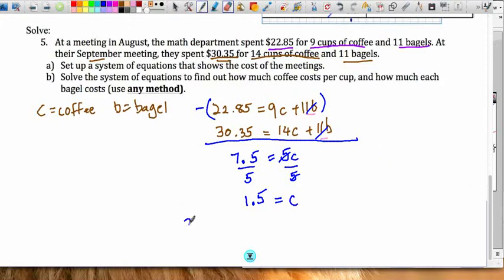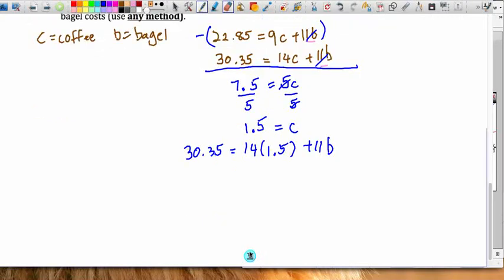And so 30.35 is going to equal 14 times 1.5 plus 11b. And then we're just going to solve for that.